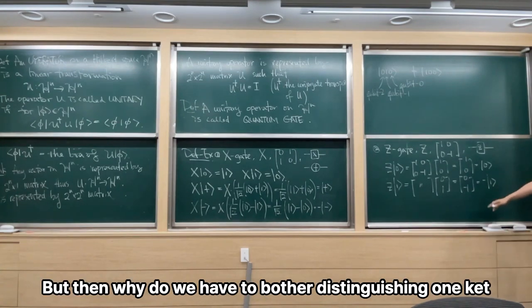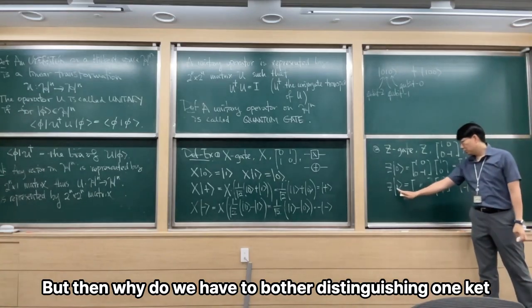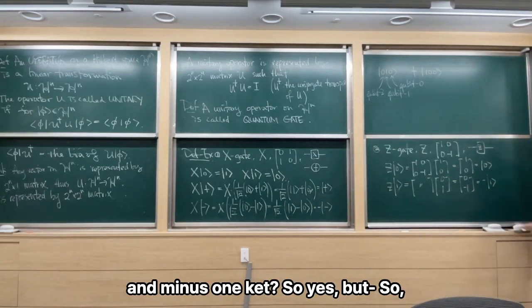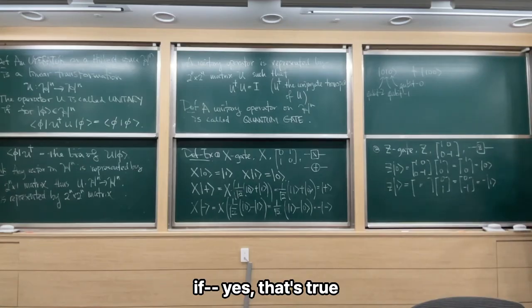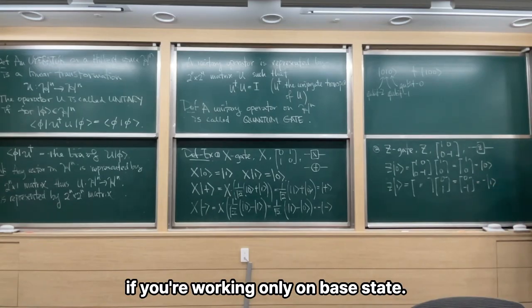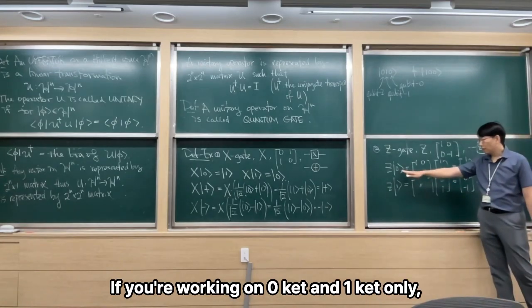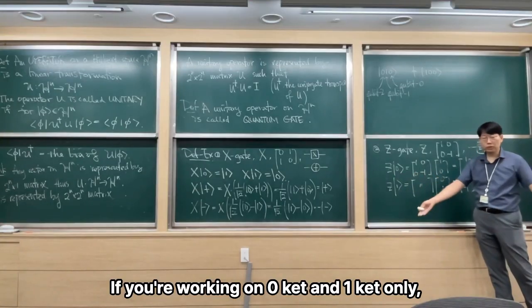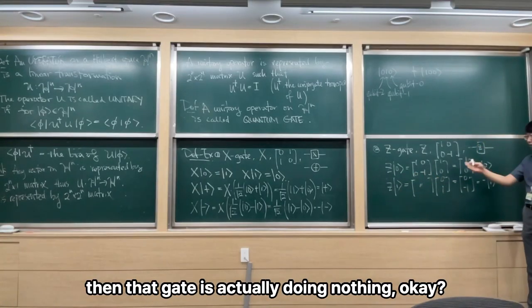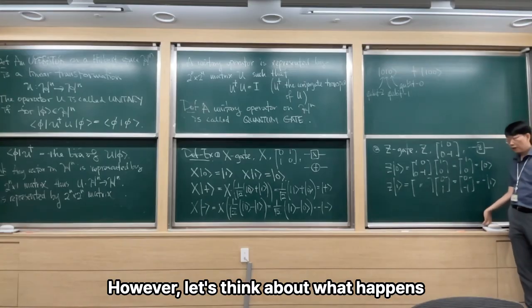But then why do we have to bother distinguishing 1 ket and minus 1 ket? Yes, that's true. If you're working only on base states, on 0 ket and 1 ket only, no superposed state, then that gate is actually doing nothing. Okay?